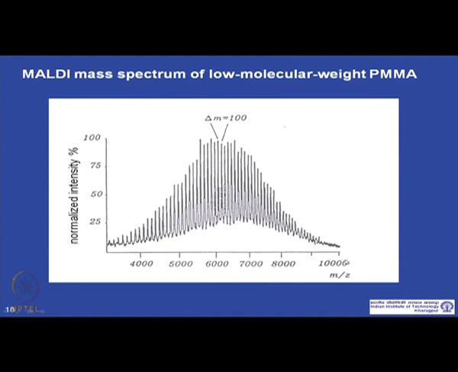So, this is an example of one MALDI spectrum from PMMA, polymethyl methacrylate, and you can see these are the peaks from different polymer chains. So, this gives the entire distribution.